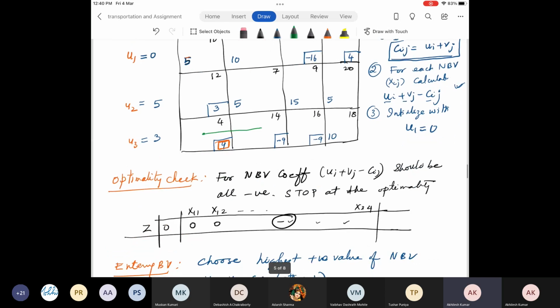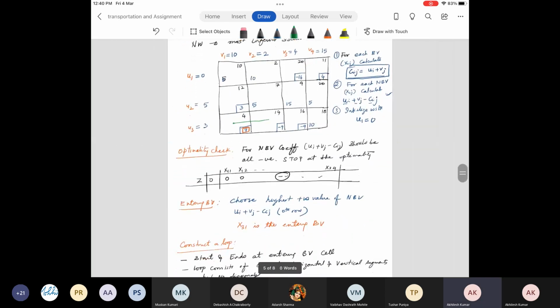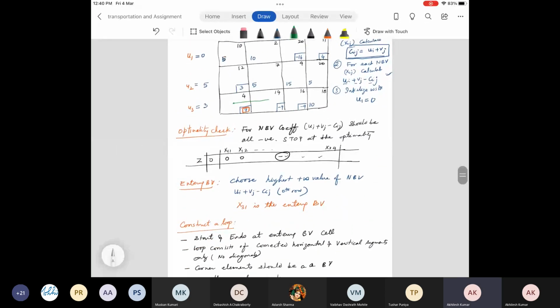Look at the rules. Can I make a corner element a non-basic variable? It should always be a basic variable. I cannot stop here, it is a non-basic variable. So I can only stop at a basic variable, that is my corner. So I will stop at x34.